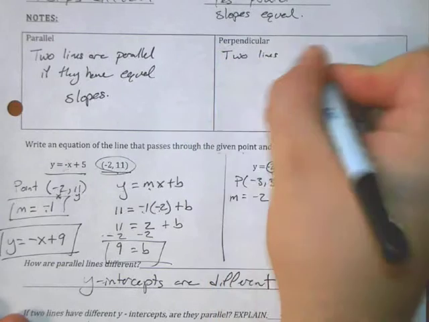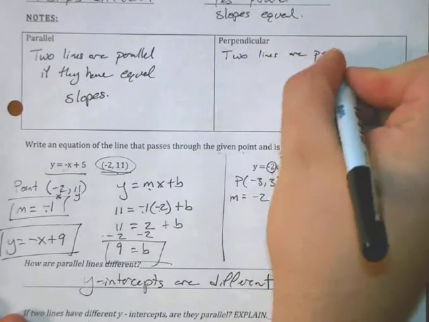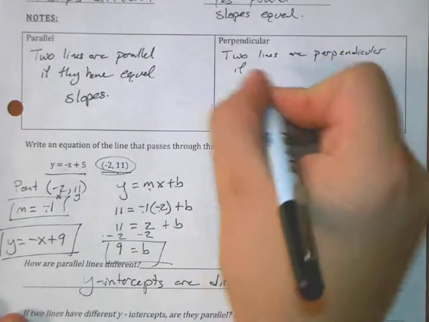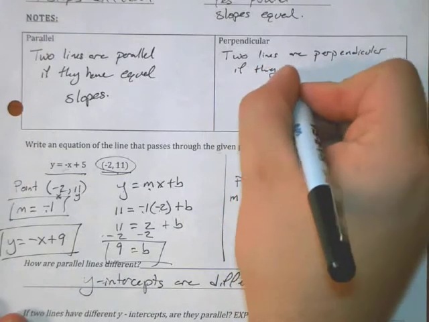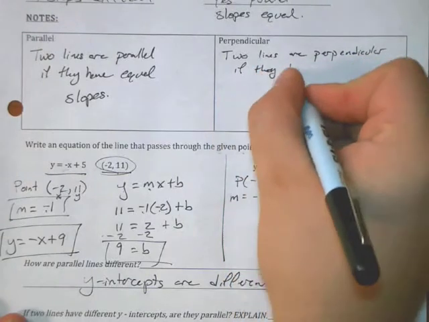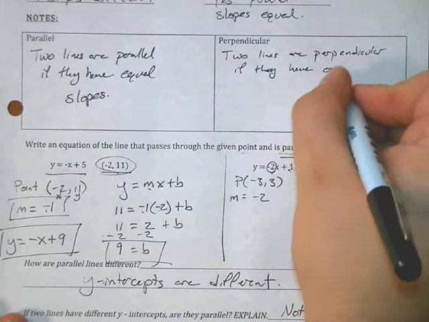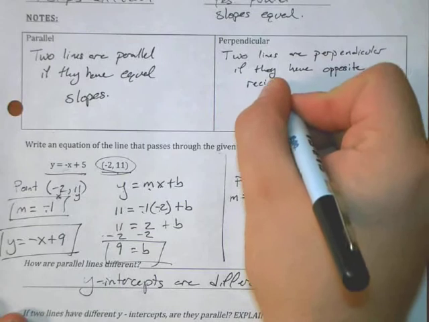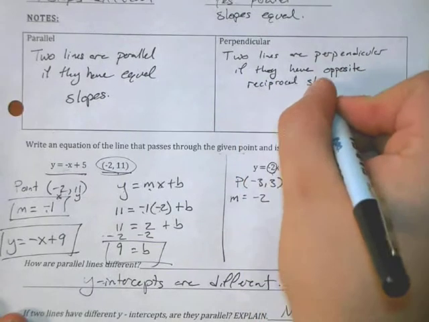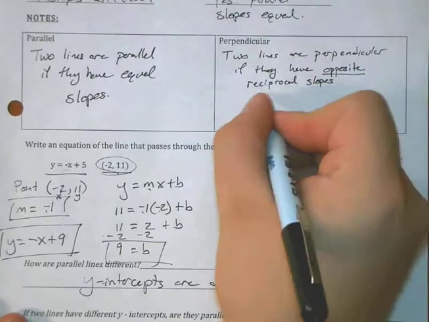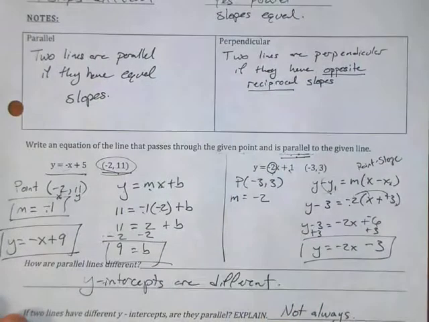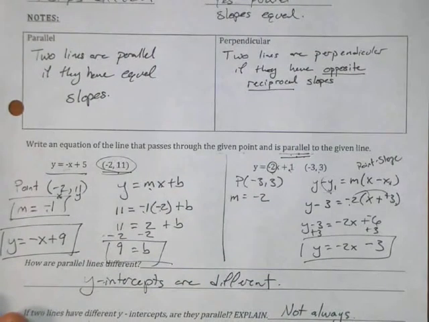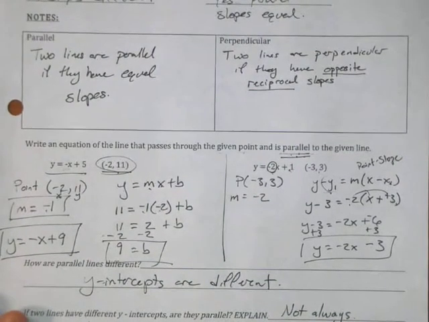Two lines are perpendicular if they have opposite reciprocal slopes. Perpendicular lines have this relationship. Their slopes are what are called opposite reciprocals.